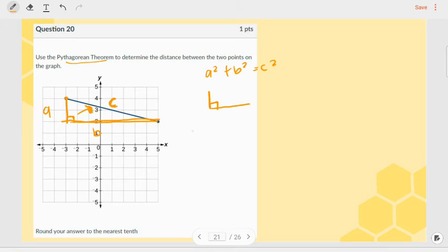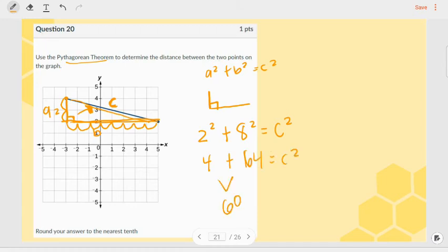So here we go. A, well, how long is A? That's 2 units. So 2 squared plus B is 1, 2, 3, 4, 5, 6, 7, 8 units equals C squared. I don't know how long the units are because it's a slant. So 2 squared is 4, 8 squared is 64, equals C squared.